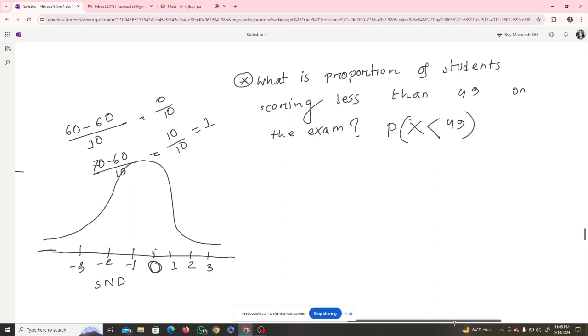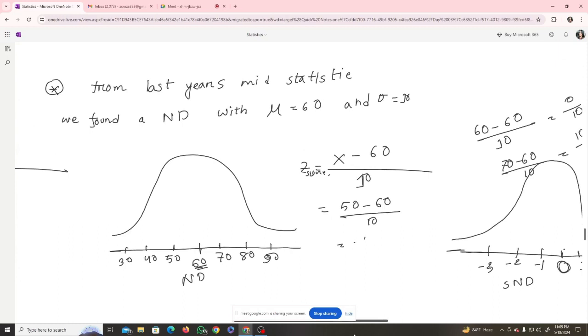And you see, if I want to find the thing over here, 49 falls somewhere between here, right? So you have to find this area, or the percentage of people who scored below 49. You have to find it.